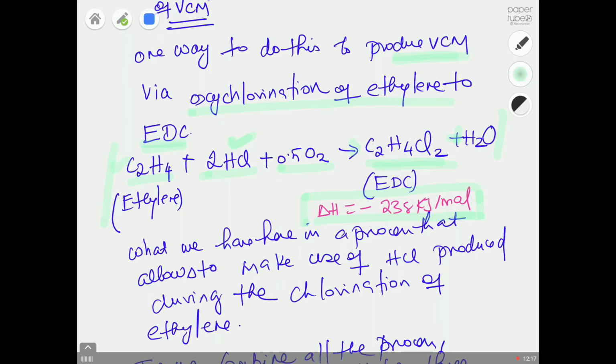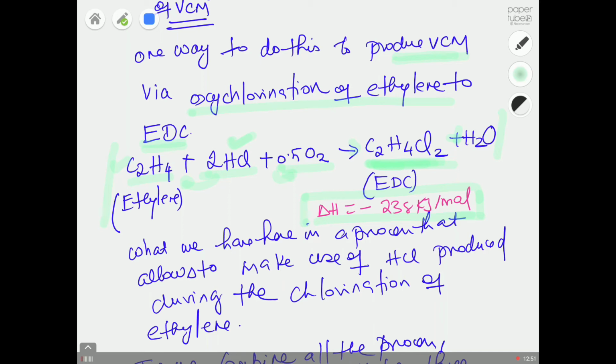We can take that HCl and react it with ethylene in the presence of some oxygen in order to make the intermediate product ethylene dichloride. One thing I forgot to mention: both of these processes, direct chlorination and this oxychlorination, happen in the presence of a catalyst. We will come back to that later. So we need a catalyst in order to speed up this reaction.